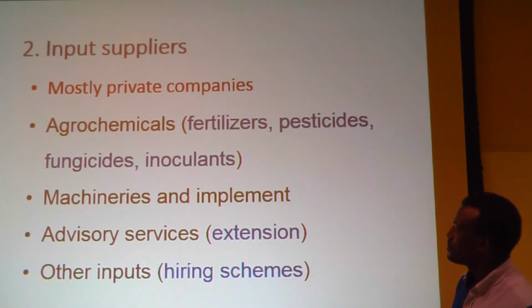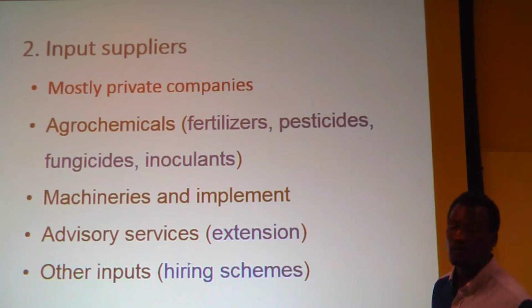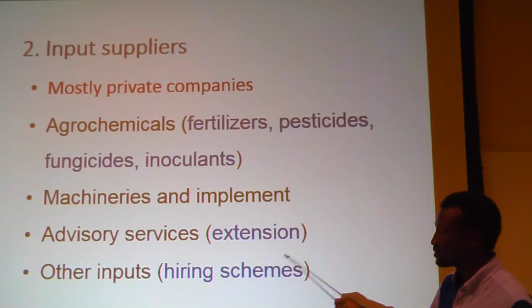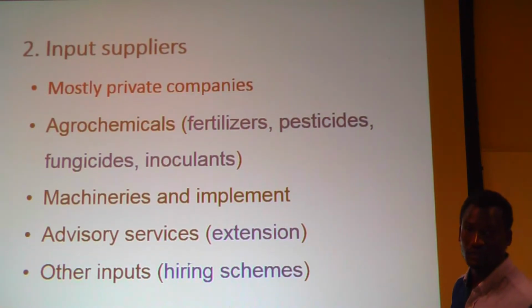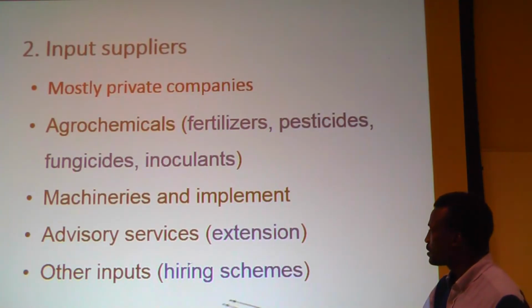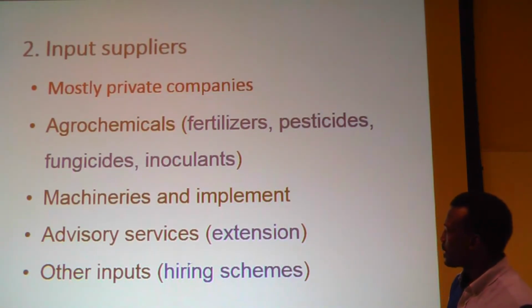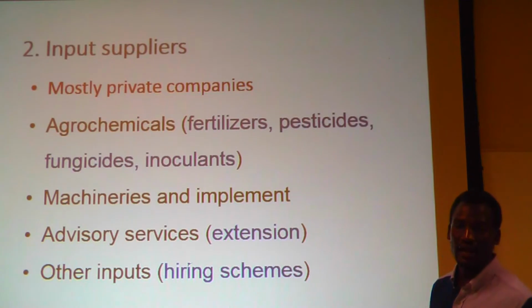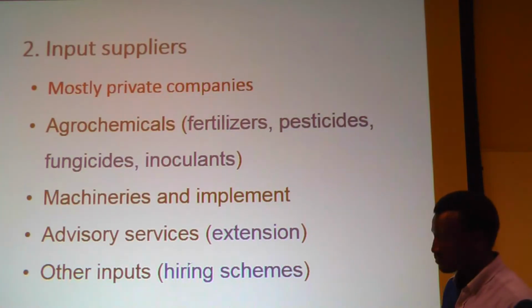And input can be supplied in form of advisory services, for example, extension officials, and also in form of hiring schemes, people that are hired either to cultivate your land as a farmer, or to process your product.